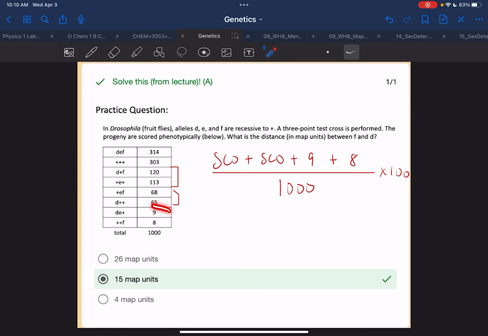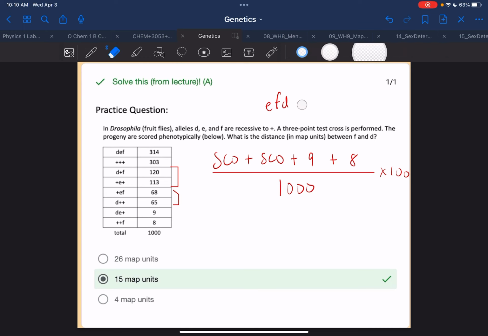What changes in the double crossover between here and here is the letter F. So F is going to be in the middle, and it doesn't really matter where E and D are. It could be either EFD or DFE. That's going to be your gene order.